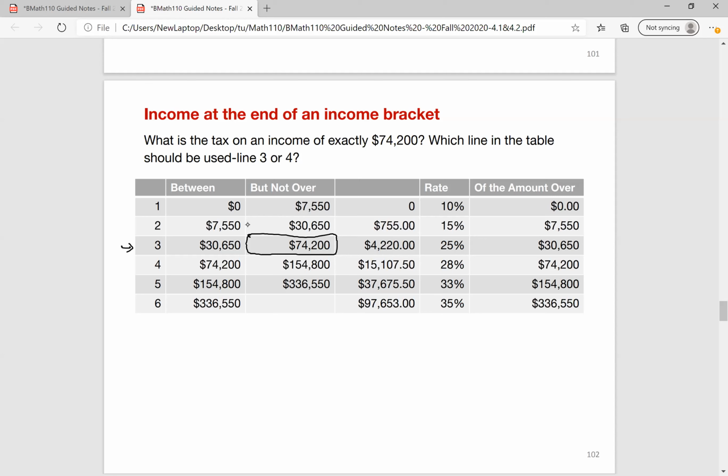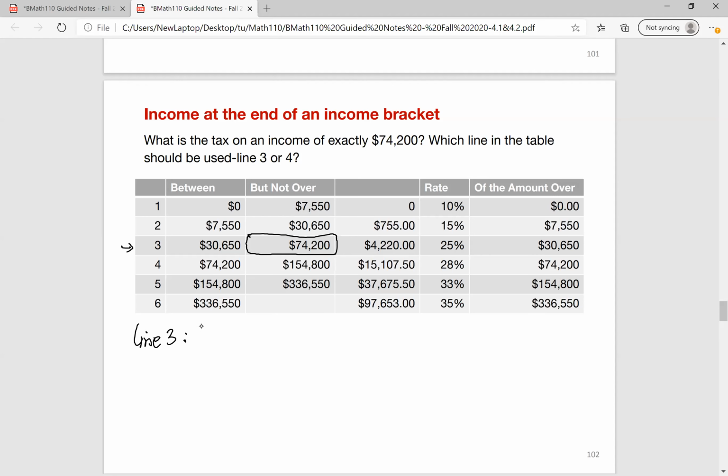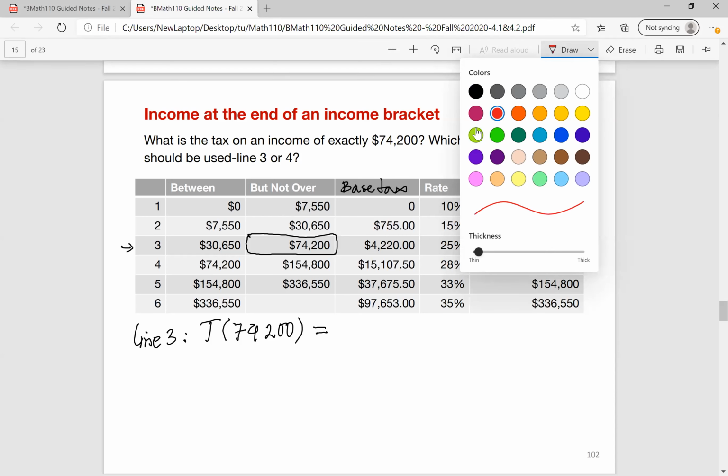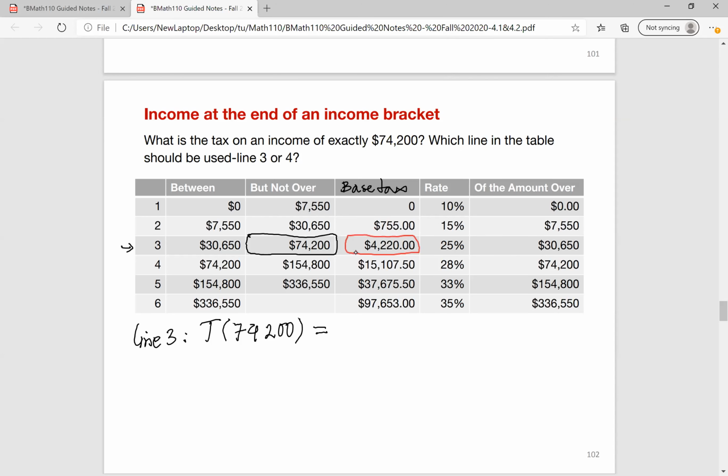So if you use line 3, you have to use the formula T of 74,200 will be equal to the base tax. So what's the base tax? Which is 4,220.